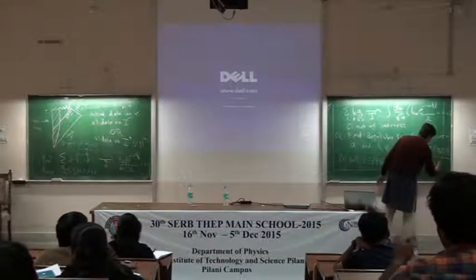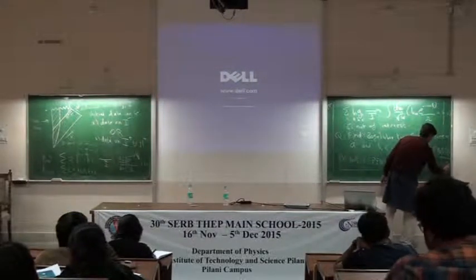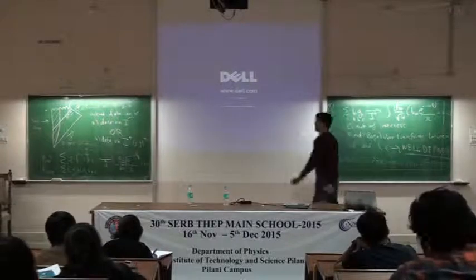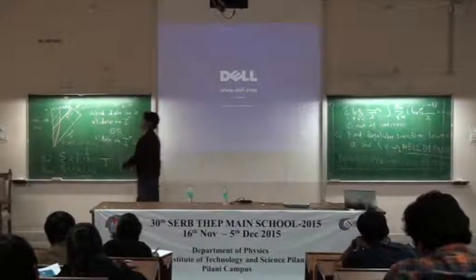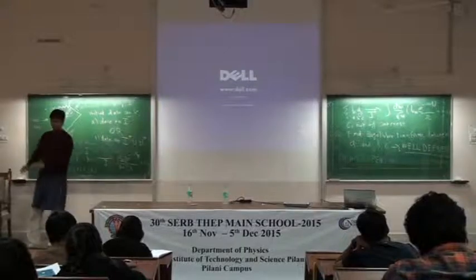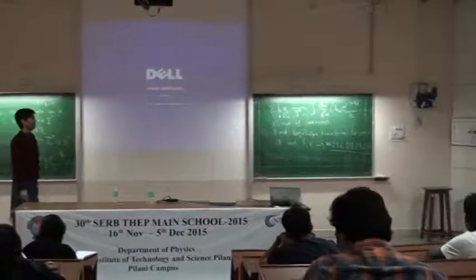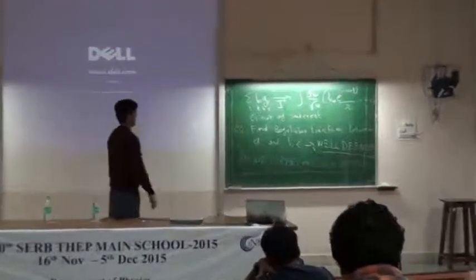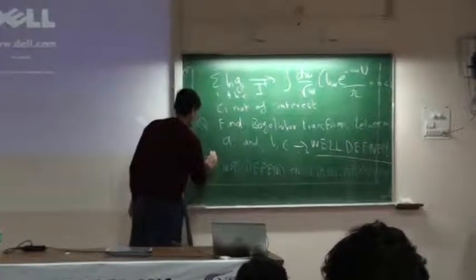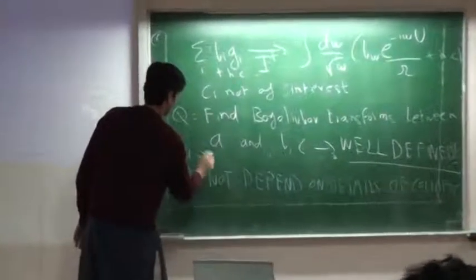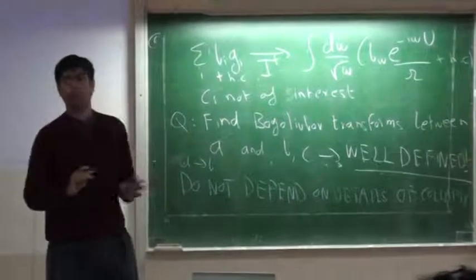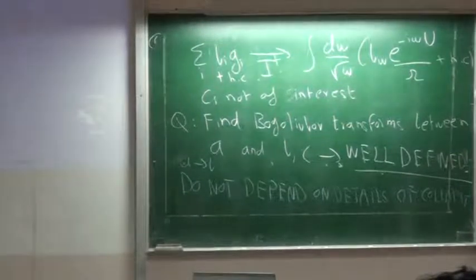Well, the geometry depends on the details of collapse in some regions. This geometry depends on the details of the collapse, the geometry in these parts. But these particular Bogoliubov coefficients between A and B, this Bogoliubov coefficient at least does not depend on the details of the collapse. Okay? And it's given by something very simple.